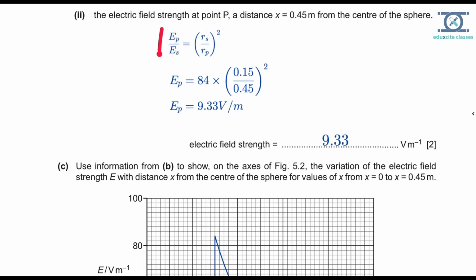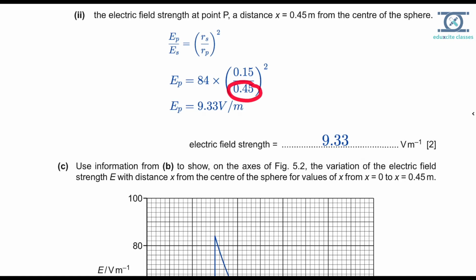So this will be the ratio. I can write it in terms of E. EP stands for electric field strength at point P. ES is the electric field strength at the surface. RS is the radius at the surface, or the radius of the sphere. RP is the distance from the center of the sphere to the point P.